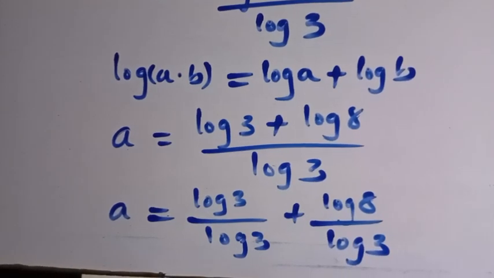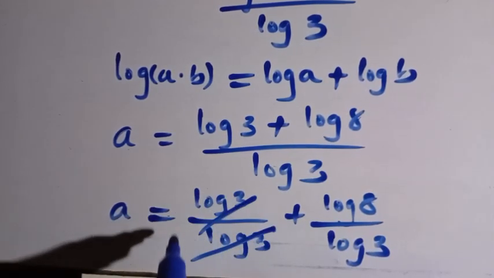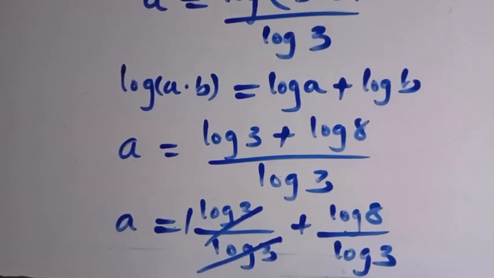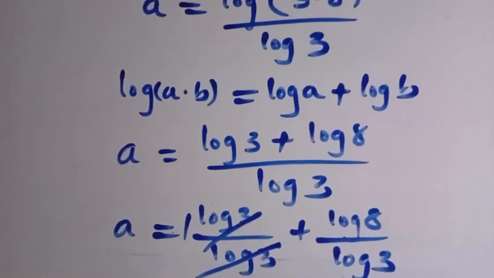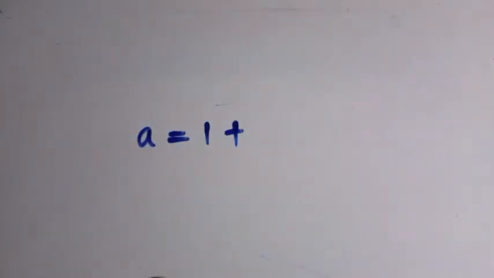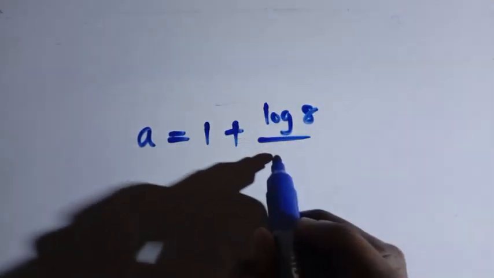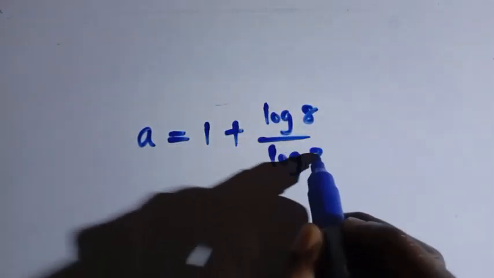Log 3 cancels log 3, we have 1, so we write it as a equals 1 plus log 8 divided by log 3.